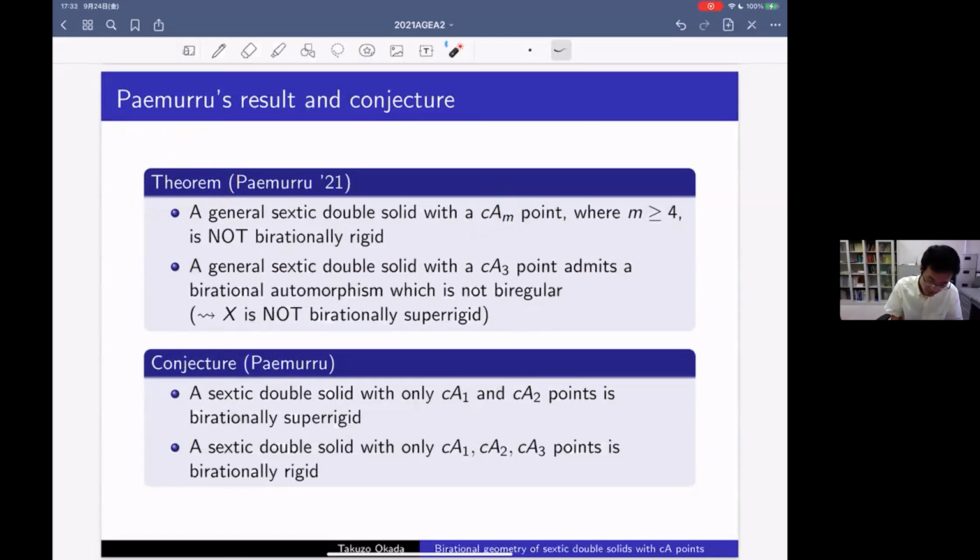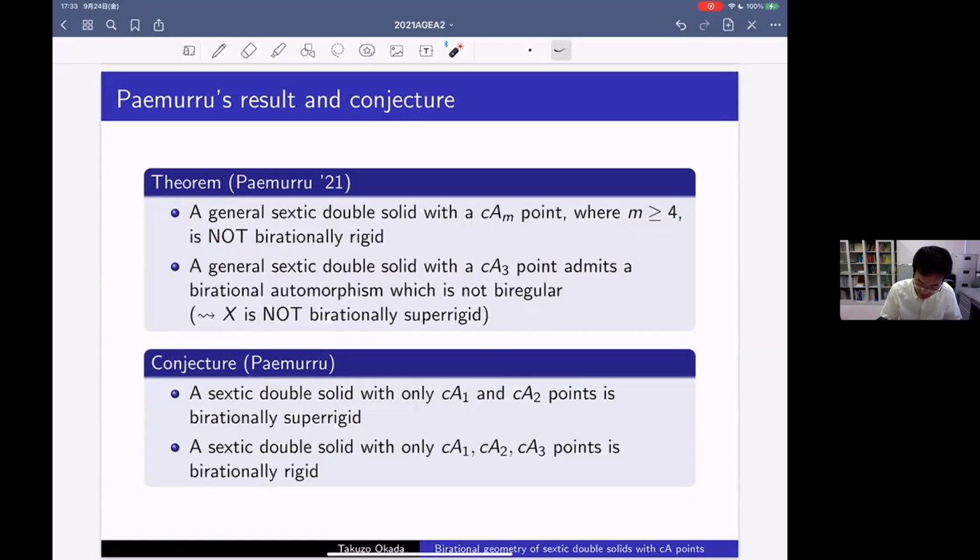So firstly, under some generality assumption, a sextic double solid with a CAm point, where m is greater than or equal to 4, is not birationally rigid. So he showed this by explicitly constructing a birational map to some other Mori fiber space.